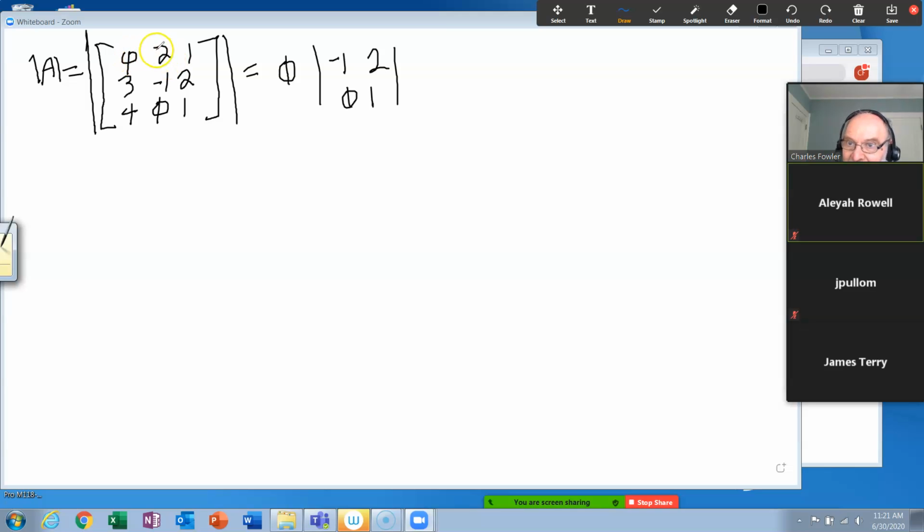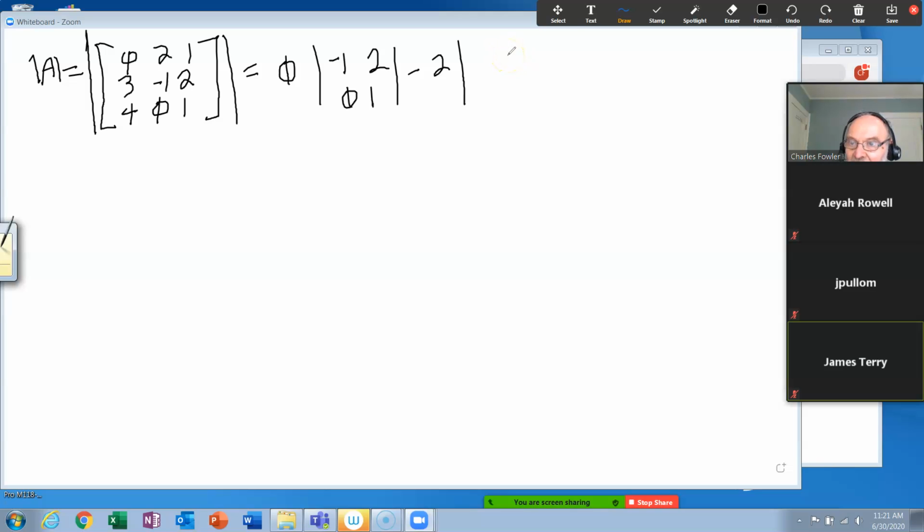Minus, exactly. So therefore, I'll go on and write in the minus 2, because that is the entry, then times the minor. See, if you take care of the sign first, you've gotten rid of the cofactor part, and now all you deal with is the minor.